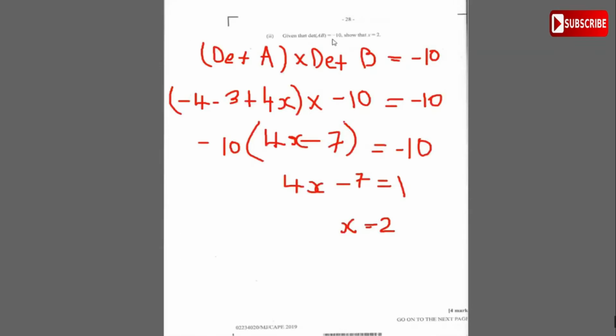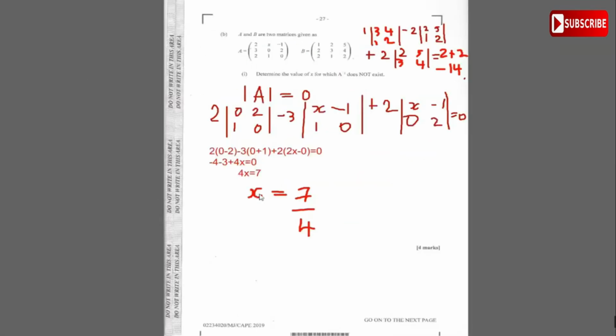Continuing. It says, hence obtain A inverse. Hence means given that you know this. Given that the determinant of B was negative 10, we now know that the determinant of A is equal to 1.